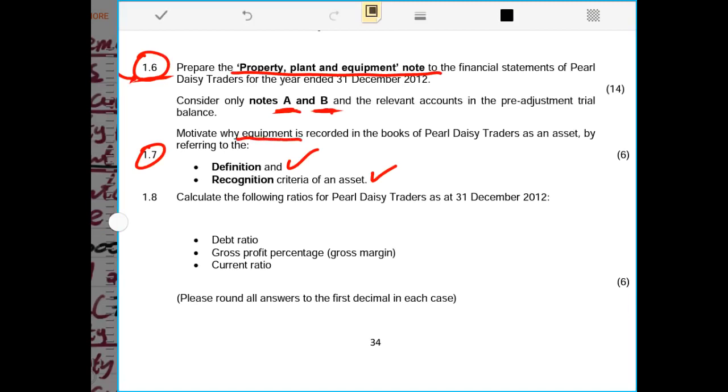An asset is a resource controlled by the entity due to past events which will lead to a future inflow of economic benefits. That is the definition of an asset. The recognition criteria of an asset: the cost or value is reliably measured. The second one, there must be a probable inflow of economic benefits.